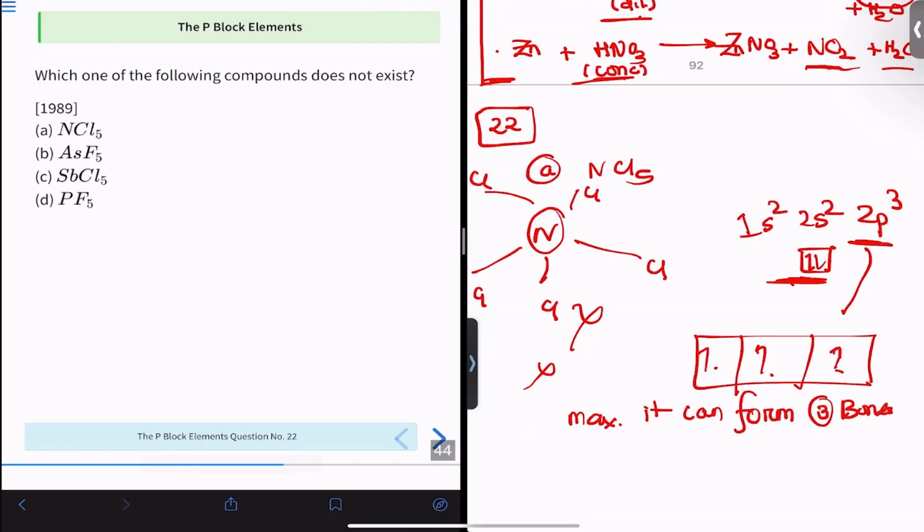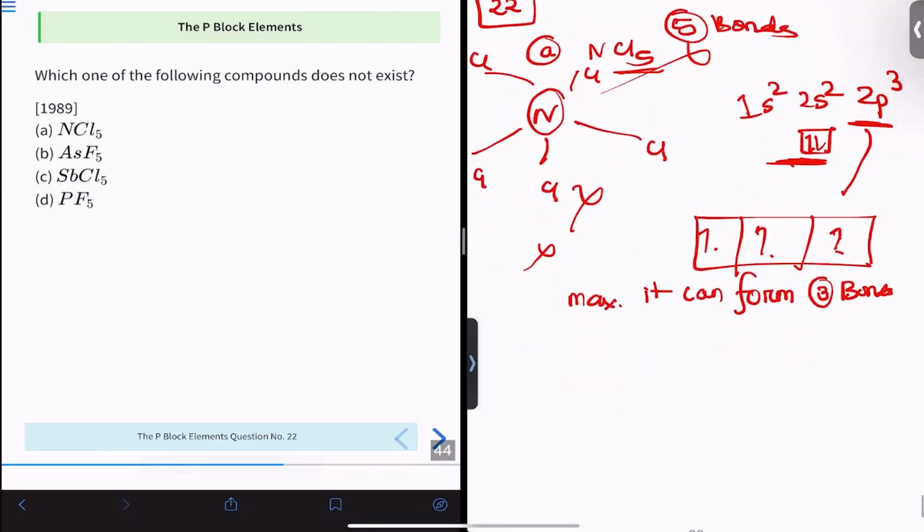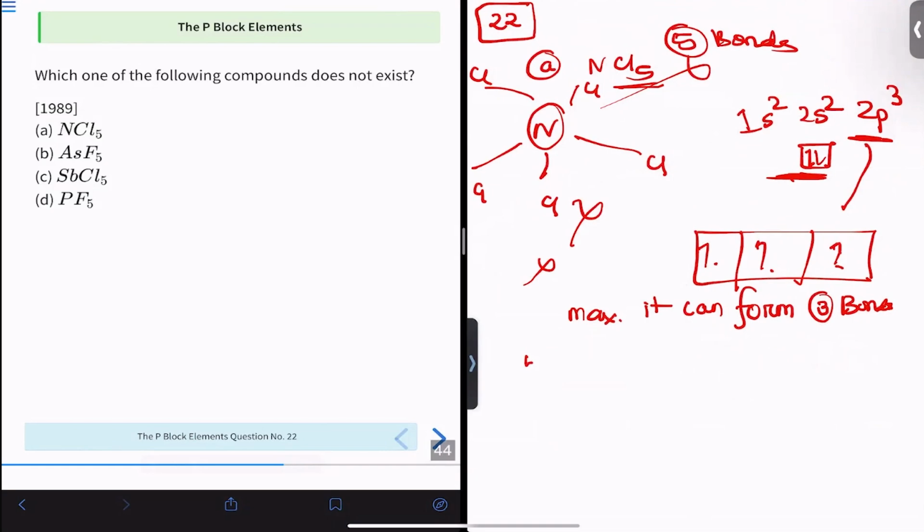But here in NCl5, they have given 5 bonds for nitrogen, which is clearly not possible. So NCl5 never exists.